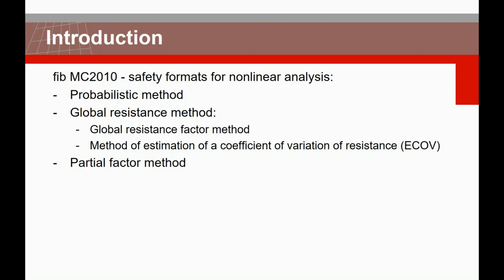That will then be compared with the applied loading. And then you have the partial factor method. In that method, you perform the analysis not with the mean parameters, but with design values. So it means you will use a lower concrete strength and a lower tensile strength, for example.